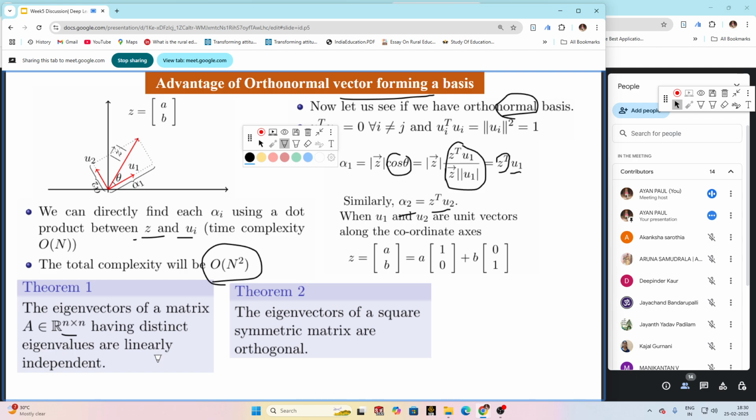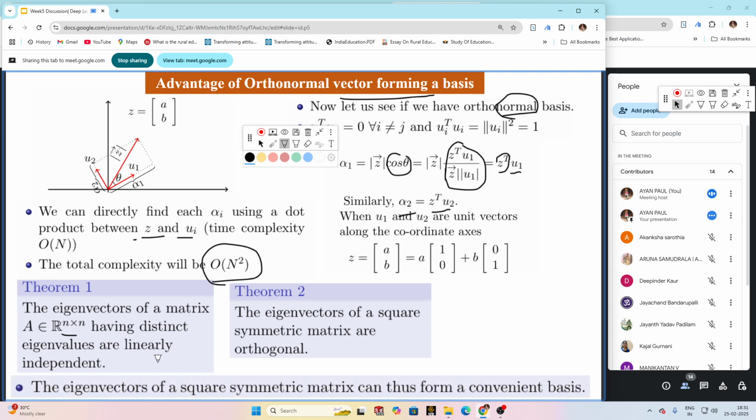So these eigenvectors can form a convenient basis. Second thing is eigenvectors of a square symmetric matrix are orthogonal. Eigenvectors are orthogonal and eigenvectors are linearly independent, so they will form a most convenient basis. So the eigenvectors of a square symmetric matrix can form a most convenient basis.